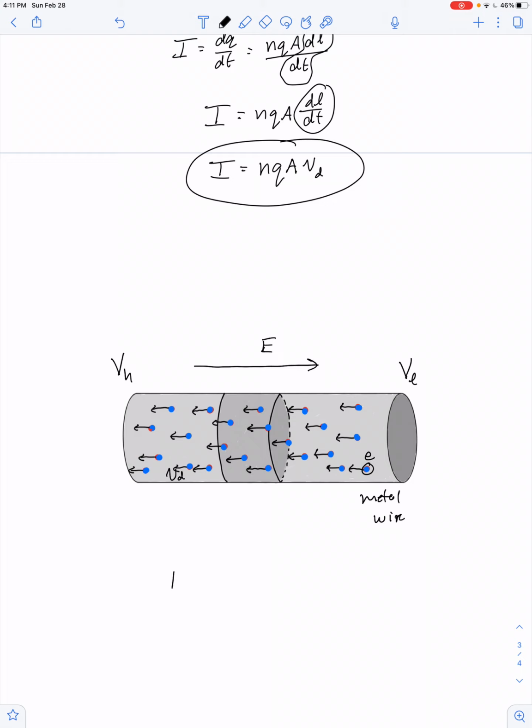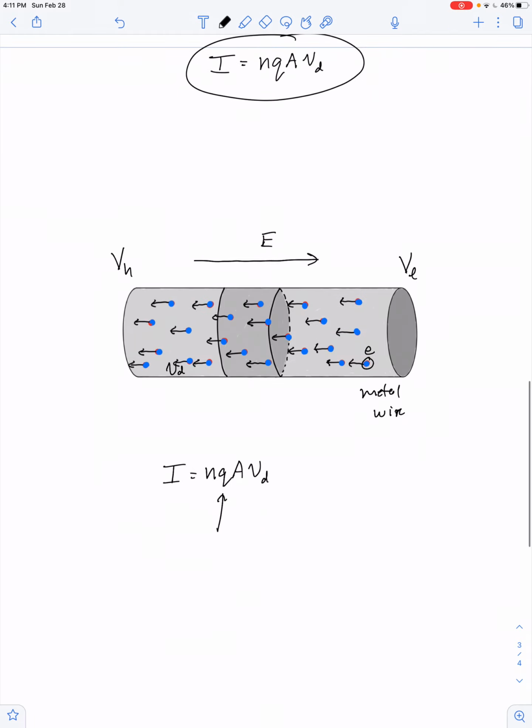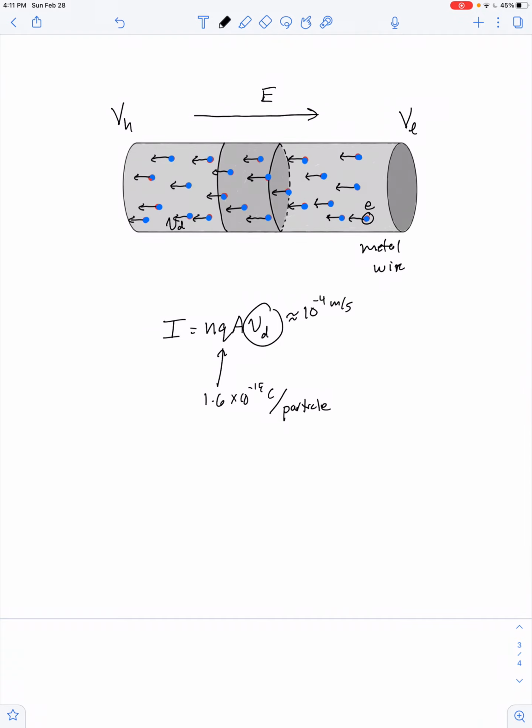Well, it's still true that I is equal to n times q times A times drift speed, but in this case we know the value of q. It's 1.6 times 10 to the negative 19th coulombs per particle. And if you remember, this drift speed is typically on the order of about 10 to the negative 4th meters per second.